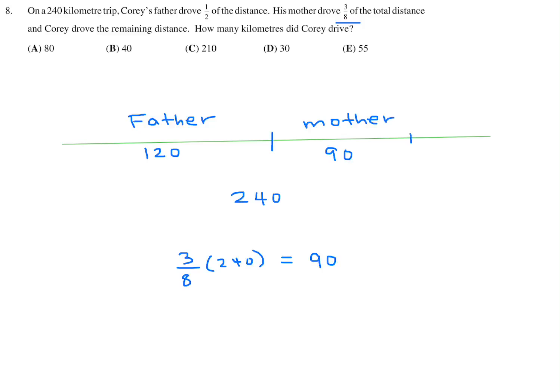And then therefore, what's left over is how much Corey drove. So to get Corey's distance, we take the total distance, subtract from it how much the dad drove, subtract from it how much the mom drove, and you'll get Corey's distance, which looks like it is 30. So the answer to number 8 is D.